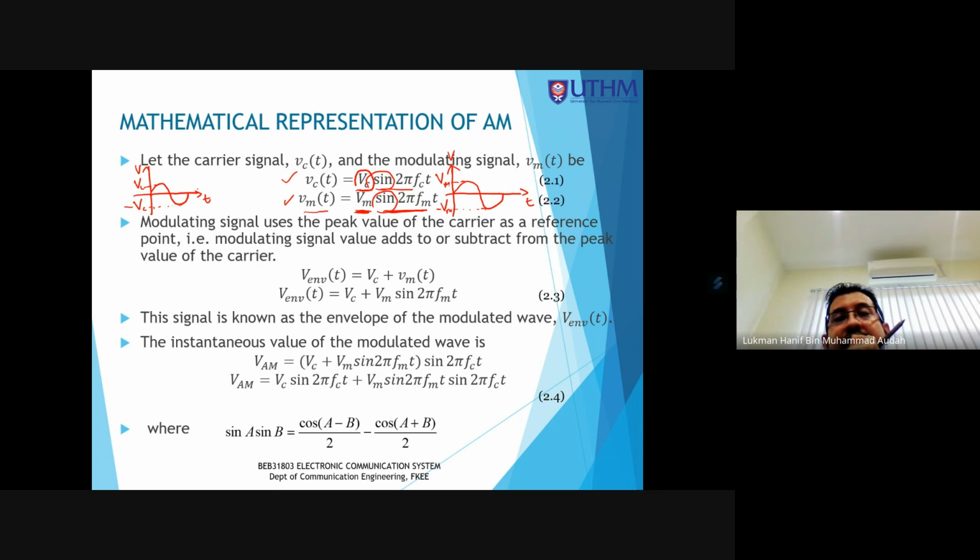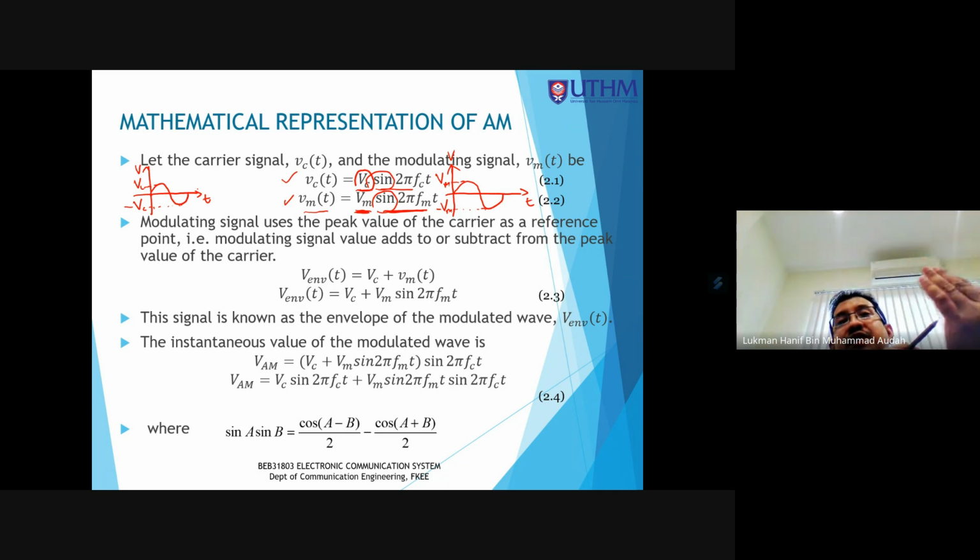But later, class, when you do your project, your input is actually connected to other input sources. You can connect to your mobile phone, as I said previously. If you play a song or music from YouTube, for example, the input is not a sine wave.